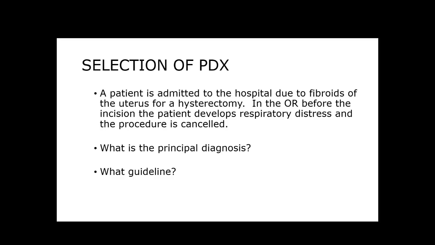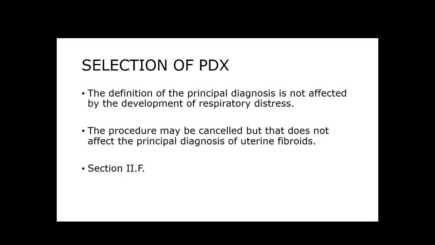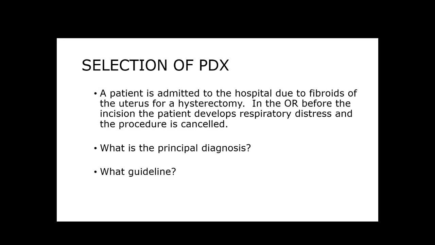So the question is, what is the principal diagnosis and what is the guideline? Well, the principal diagnosis for this case is going to be the fibroids of the uterus. They planned a hysterectomy, but they didn't do it. We can't code a hysterectomy if, in fact, it's not ever done.